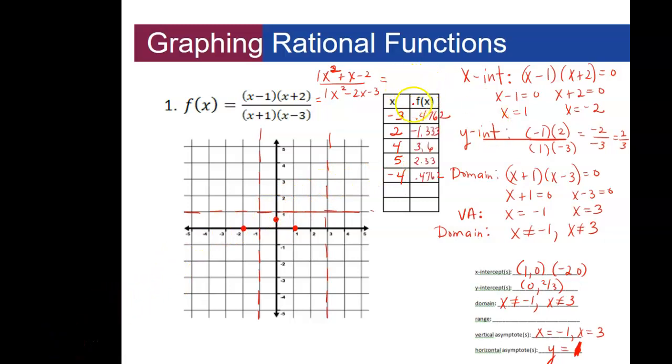Okay, so I used the table function on my calculator that we've talked about before to get a few values to plot here. So if I plot negative 3 and approximate that decimal, I have a point here.